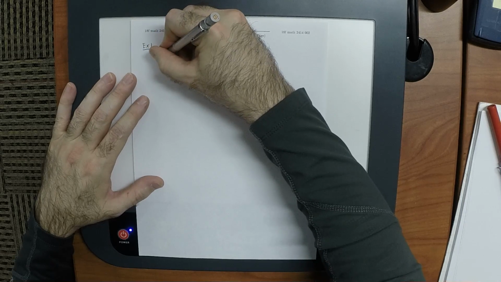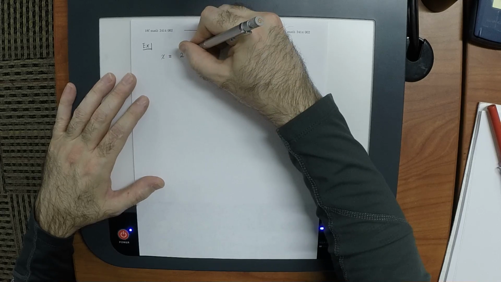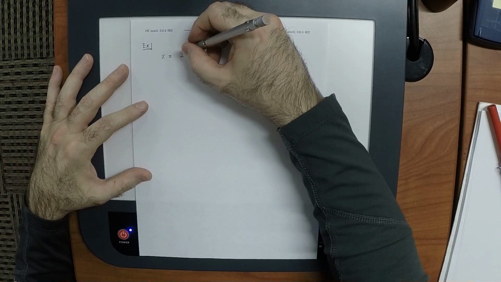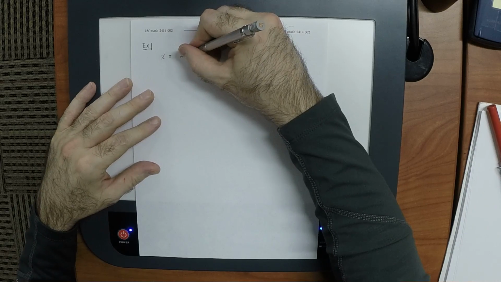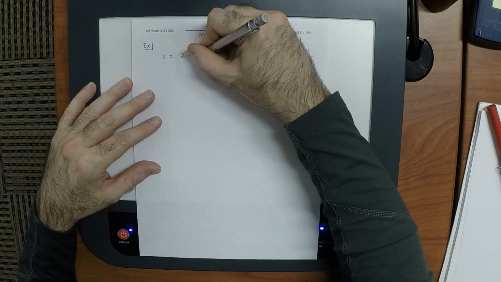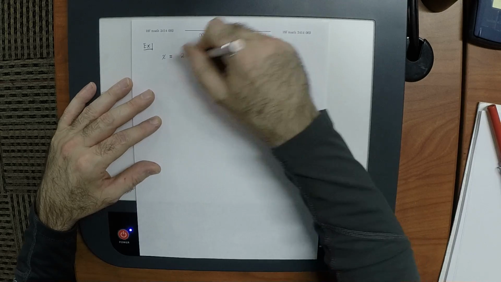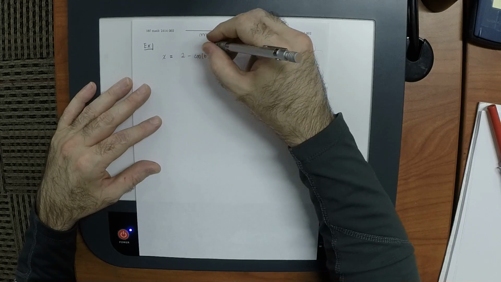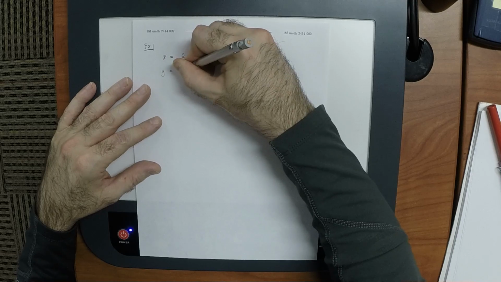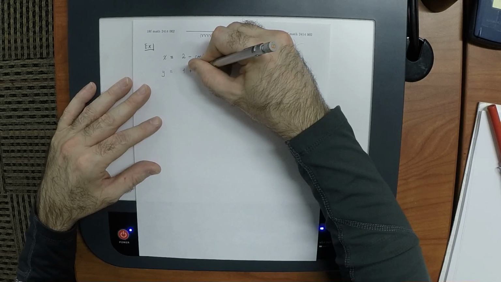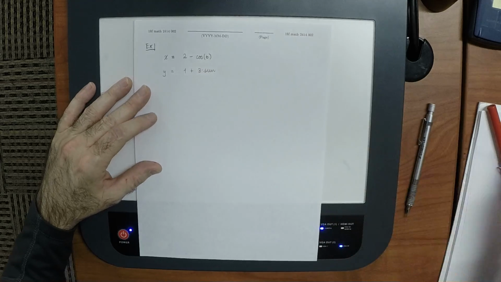Finally, before we move on to the next topic, suppose I give you this, that x is 2 minus the cosine of t. Let's think about this for just a second. And then y is 1 plus 3 times the sine of t.